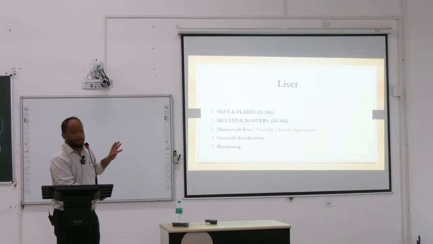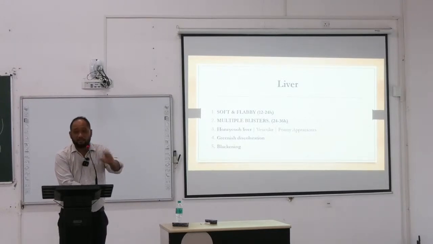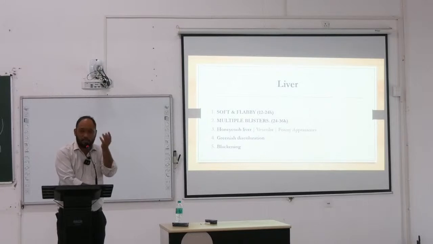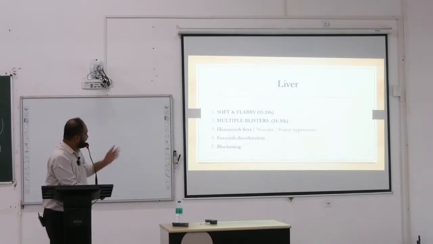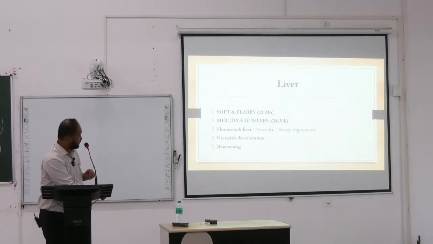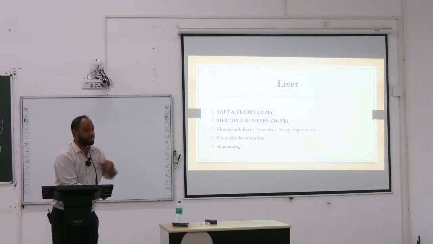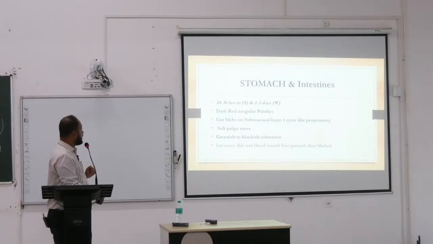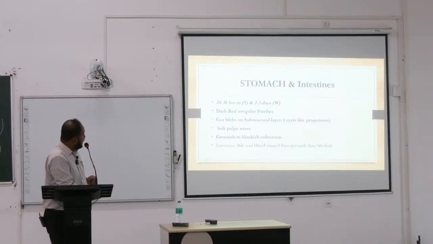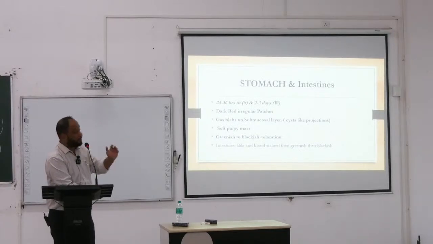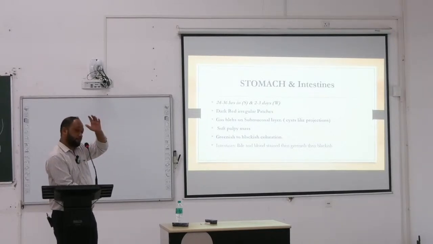Honeycomb liver, foamy appearance বা vesicular appearance of the liver will be seen. এই সময় আস্তে আস্তে কালার will change to darker, মানে একটু bluish বা purplish লাগতে পারে, and from then slowly black হয়ে যাবে, then discoloration and then blackening. So this is the change of liver decomposition. Now intestine, stomach and intestine. 24 to 36 hours in summers and 2 to 3 days in winter.